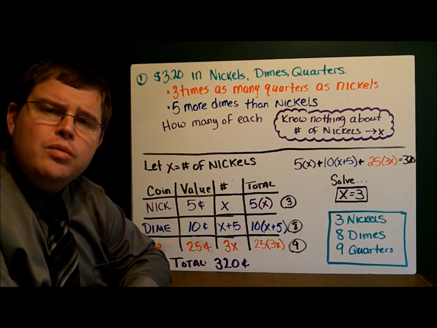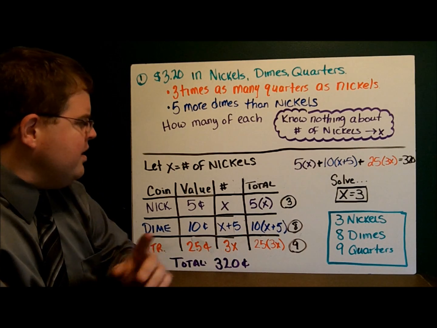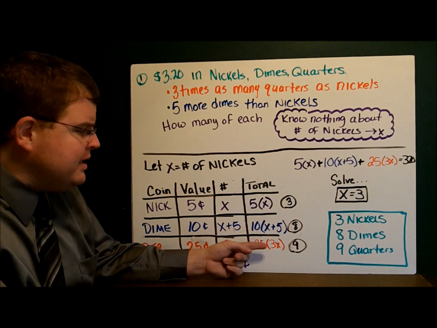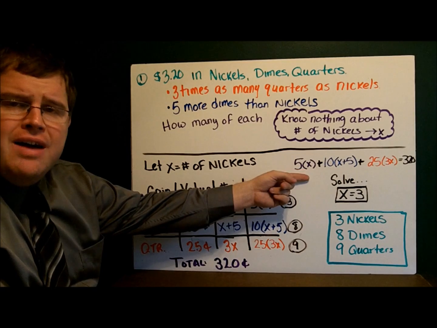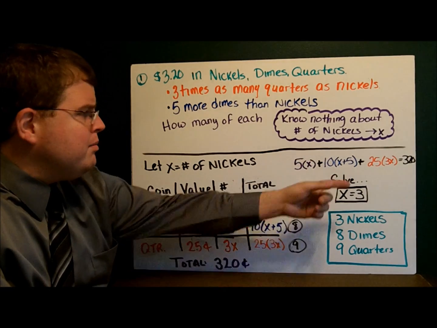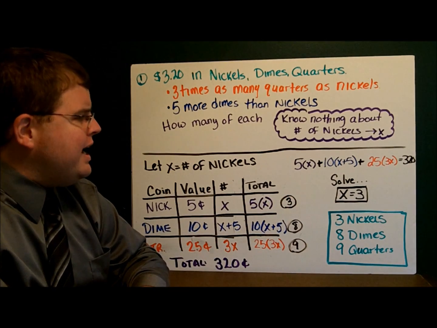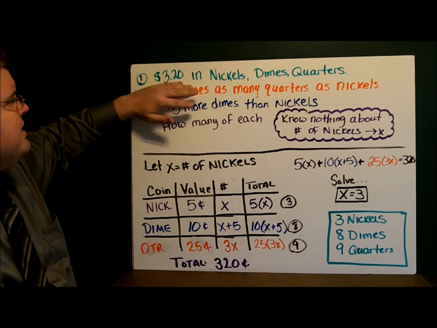And now, once I have that information, I can write my equation. I have this much money in nickels, this much money in dimes, this much money in quarters, and I add those together. 5X plus 10 times X plus 5 plus 25 times 3X. And what does that add up to? I have a total of $3.20.